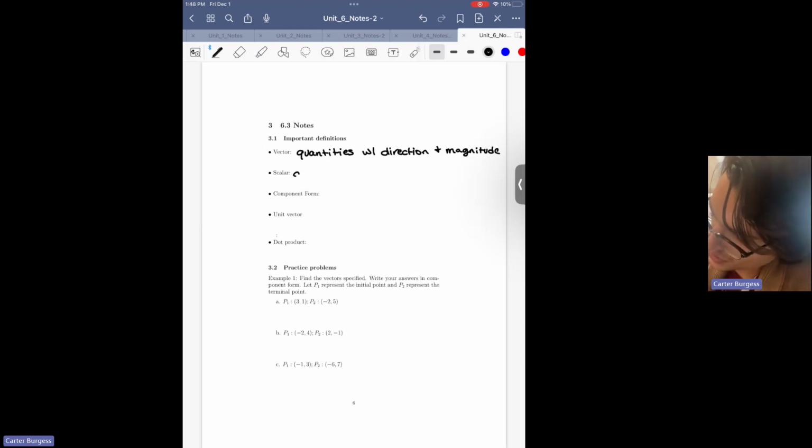We have our scalars, which are quantities that do have a magnitude, right? There's a difference between multiplying by 2 and multiplying by 1/2, but they don't really necessarily have the sense of direction. And generally, we don't see them on their own. Oftentimes, they modify a vector.